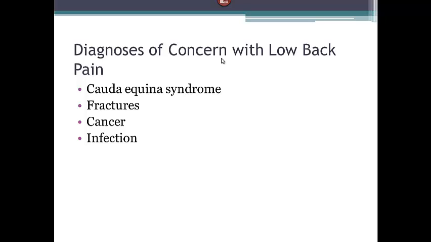And the management of a true cauda equina is basically surgical decompression. And of course, you have to rehabilitate the patient for bowel and bladder control and for training exercises to recover muscle tone and strength. Other concerns are fractures, so you have to rule out fracture, you have to rule out metastases, and you have to rule out infection.